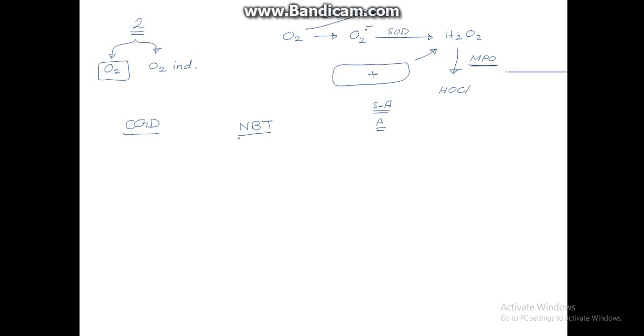And this nitro-blue tetrazolium is a dye that actually, when leukocytes are injected within that dye and they turn blue, this means that the NADPH oxidase is working. When they turn colorless, this means that we have a defect in the NADPH oxidase, and thus we have chronic granulomatous disease. Okay?